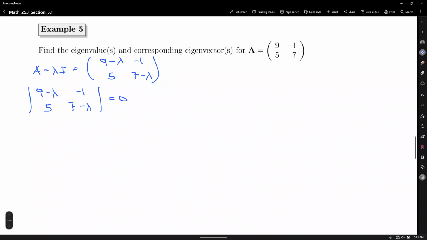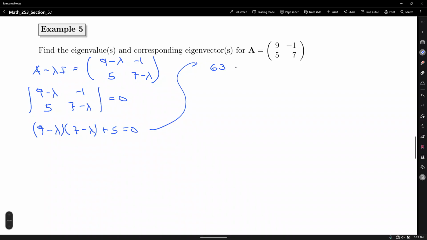All right. Again, elements along the main diagonal, 9 minus lambda times 7 minus lambda, plus, in this case, because minus and negative, 1 times 5, that's plus 5. Let it be equal to 0. Okay. So 9 times 7, is that 63?